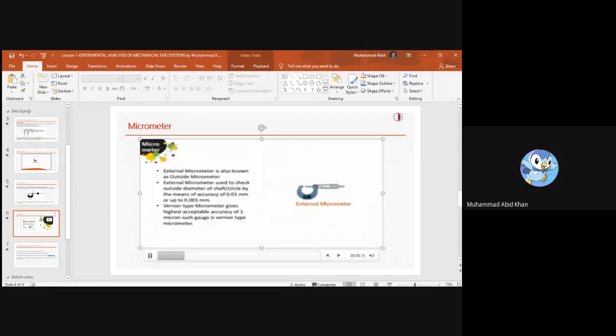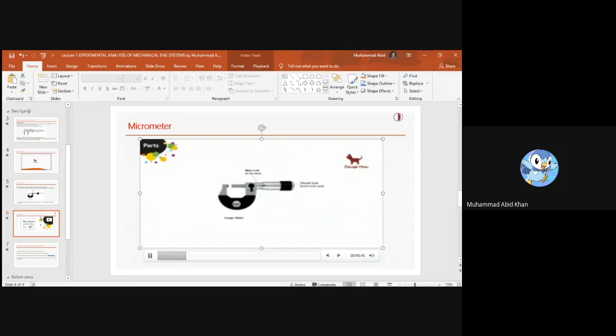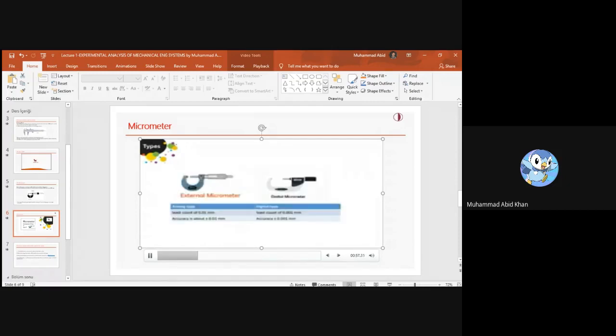Here are the main parts of the micrometer, where we have the main scale reading and thumb scale reading. The main scale reading is from 0 to 25 mm, whereas the thumb scale reading is from 0.00 to 0.50 mm.